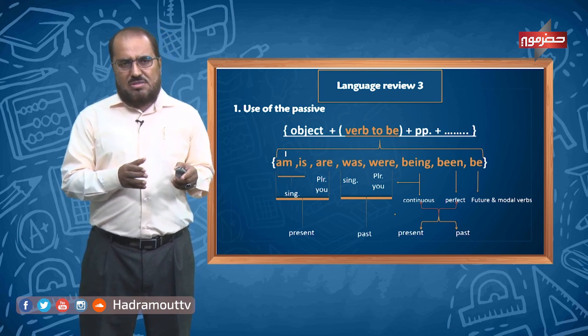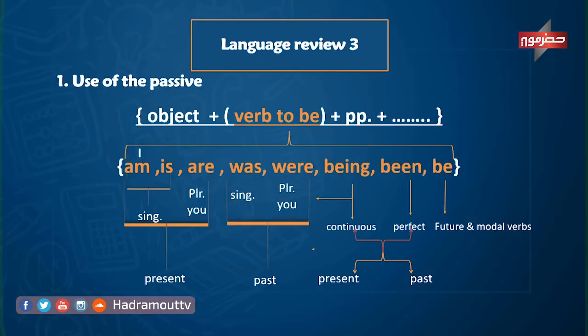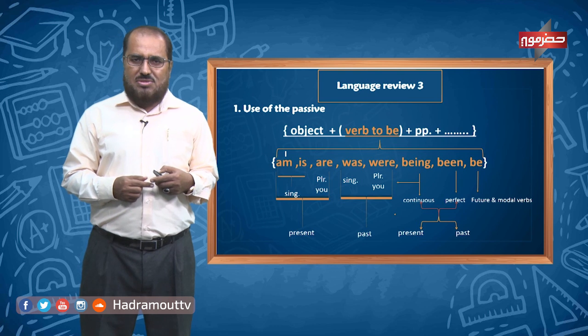Here, with the continuous, we can use being for present continuous, and being also for past continuous. And look, there's a row, go back to was and were and am or is. That means we can use am being, is being, are being with the present continuous, or was being or were being with the past continuous.